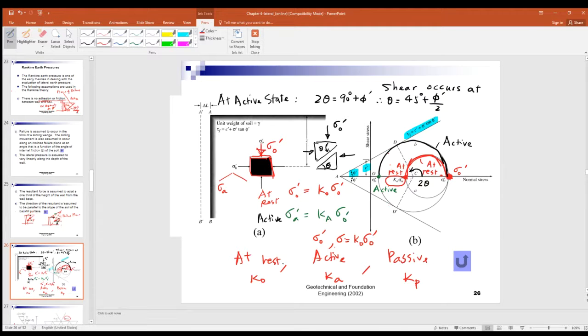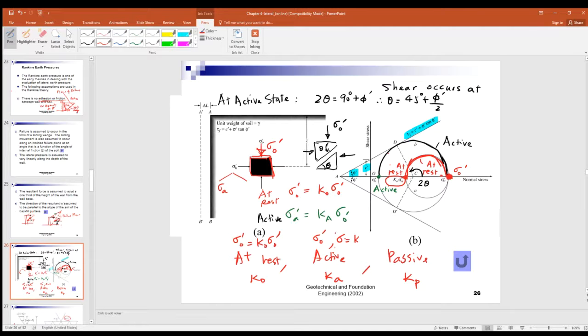Now, we come to the active state. Now, what is the active state? Perhaps I should say at rest is sigma naught, not dash, okay?